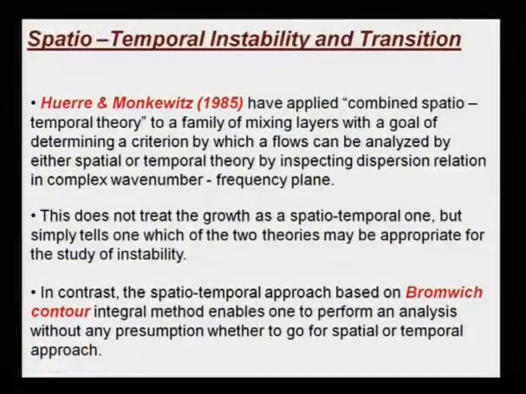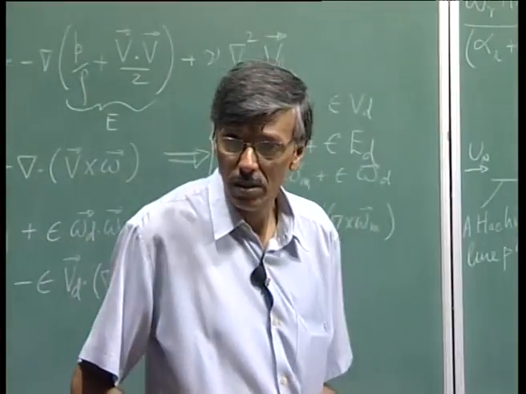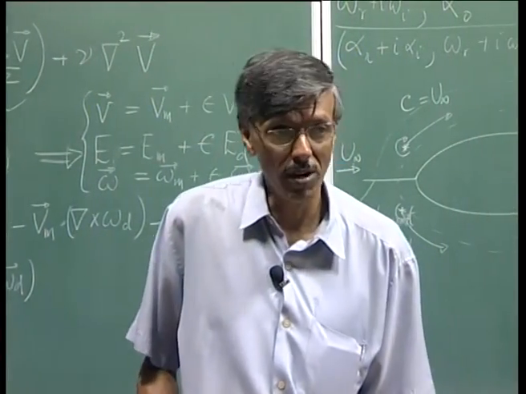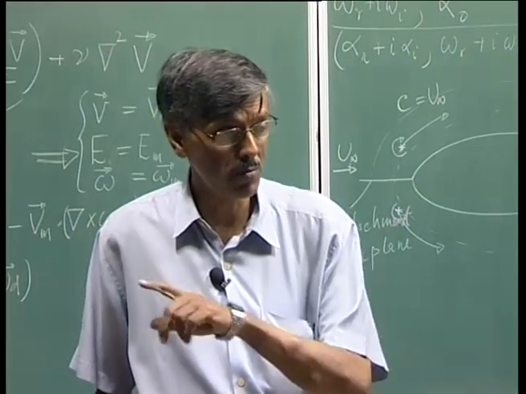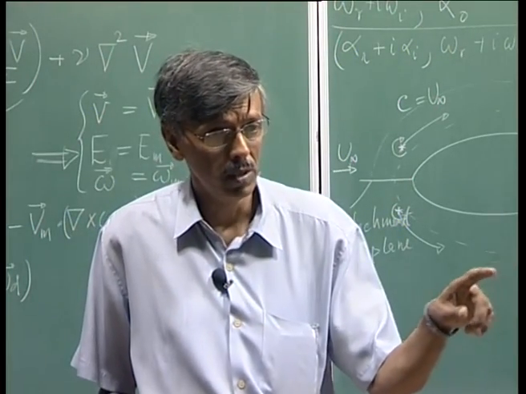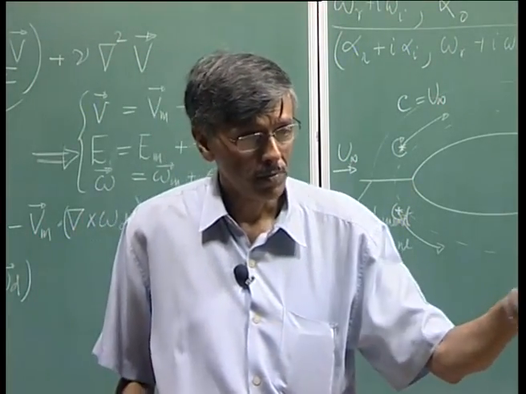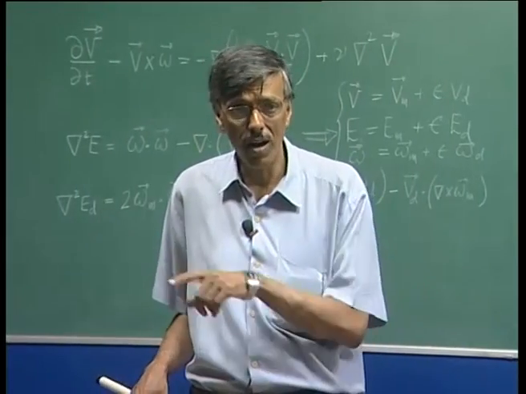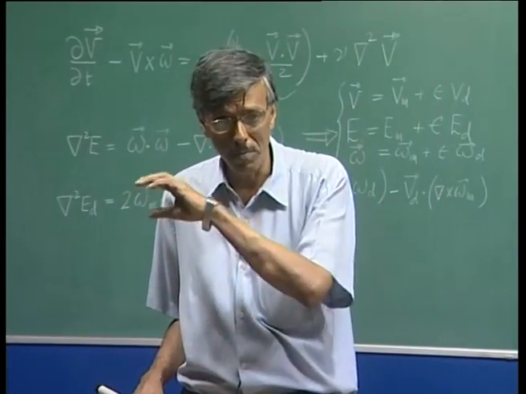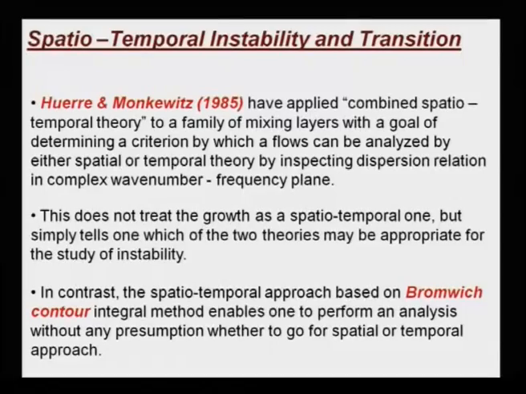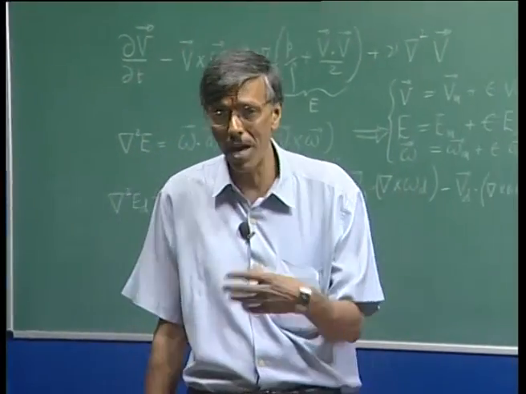But if you recall what we talked about, that Bromwich contour integral method, where we did perform the Bromwich contour integral along the complex alpha and complex omega plane, parallel to the real axis. There we did see that we can work out a spatiotemporal behavior.